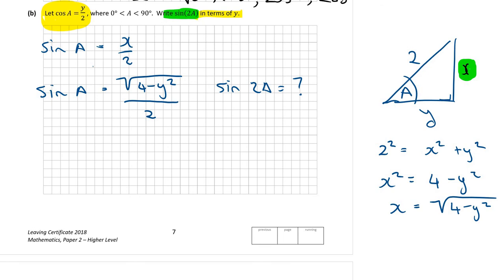So here we've got our double angle formula that we need to go to the tables for. So sine of 2A. We're just going to put up the tables now.